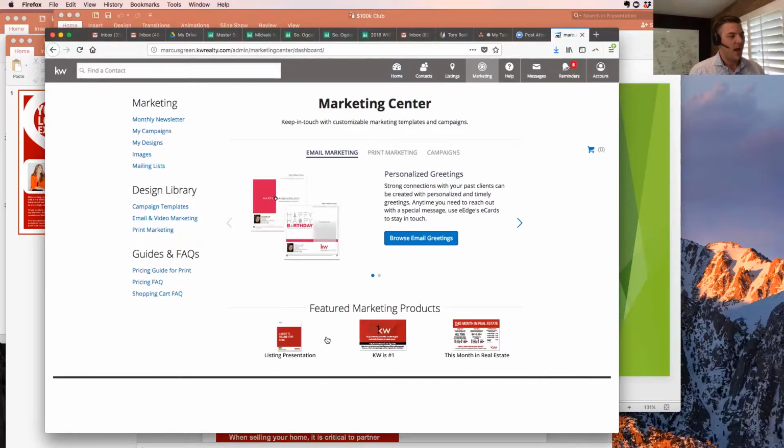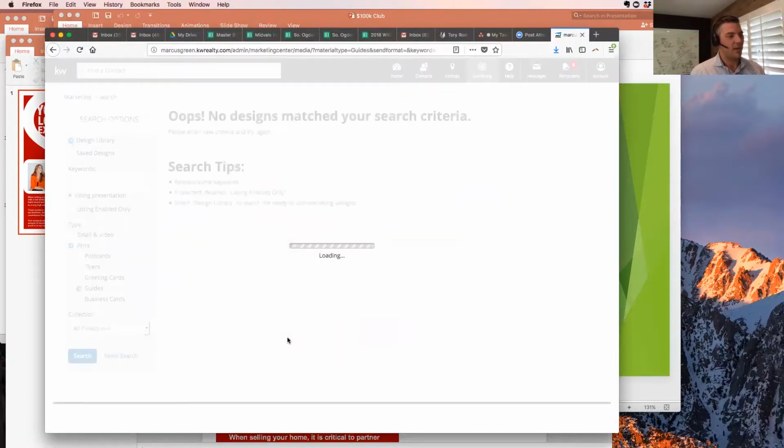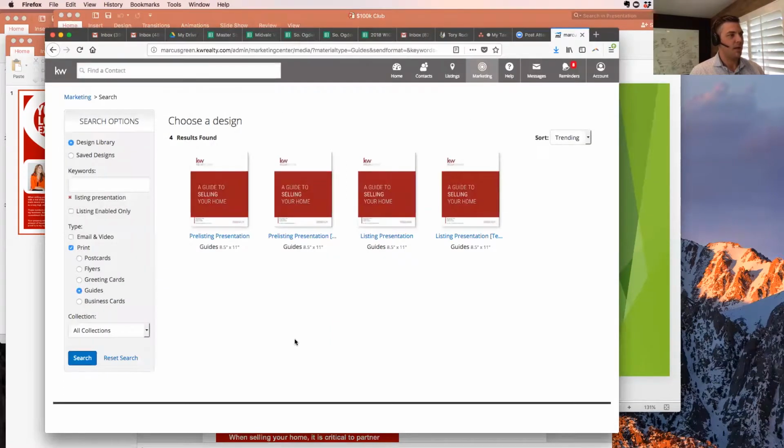Right here, you can type in to search for the listing presentation, or it is down here as a featured product. There's a pre-listing presentation if you send a pre-listing packet to the homes, or you can click right on the listing presentation for a solo agent or a listing presentation for a team.